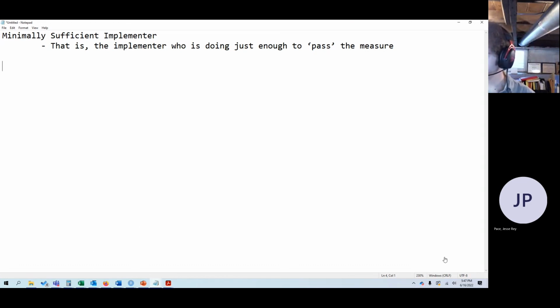I'll stop sharing my screen here for just 1 second. We have these performance level descriptors, the text of which has been sent in the same packet in which you received the link to this video.